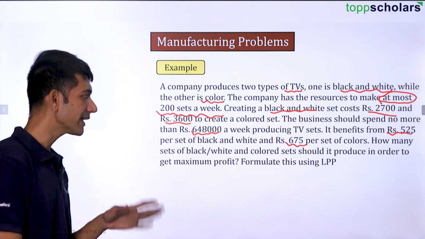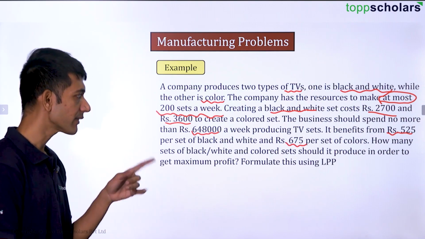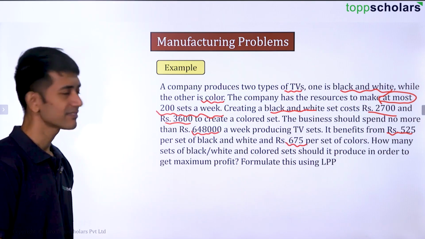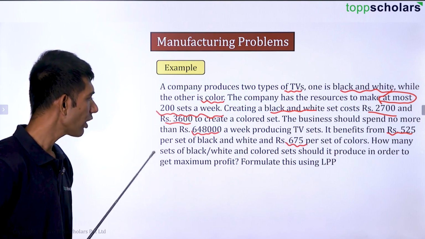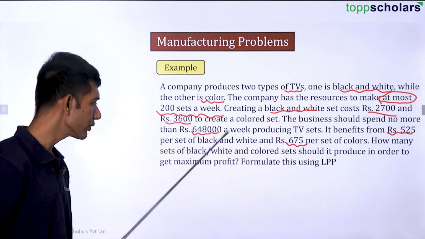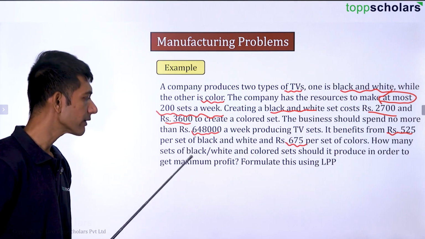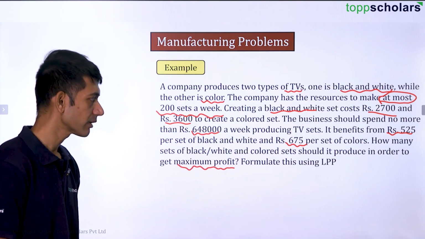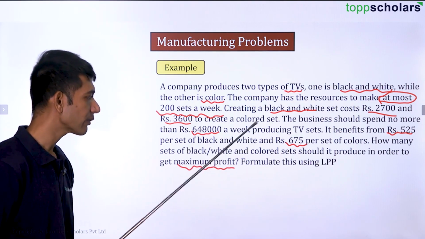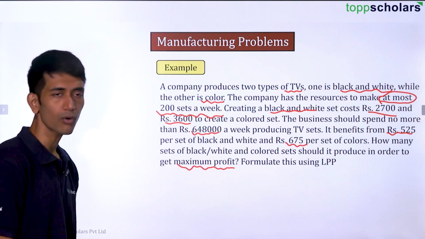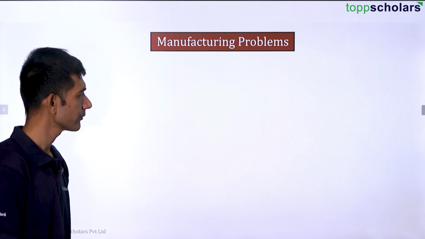So from a black and white TV, it is benefiting 525 rupees, and from a colored set, it is benefiting 675 rupees. So how many sets of black and white and colored sets should it produce in order to get the maximum profit? We are supposed to formulate this using LPP.